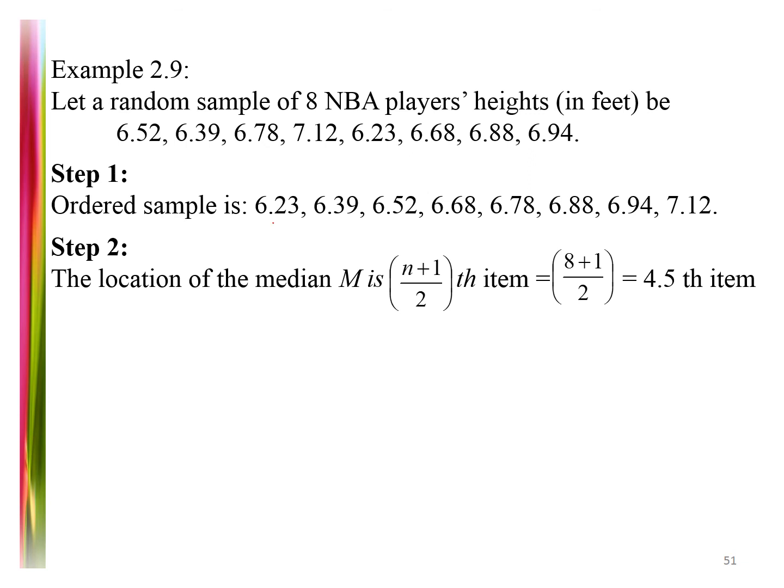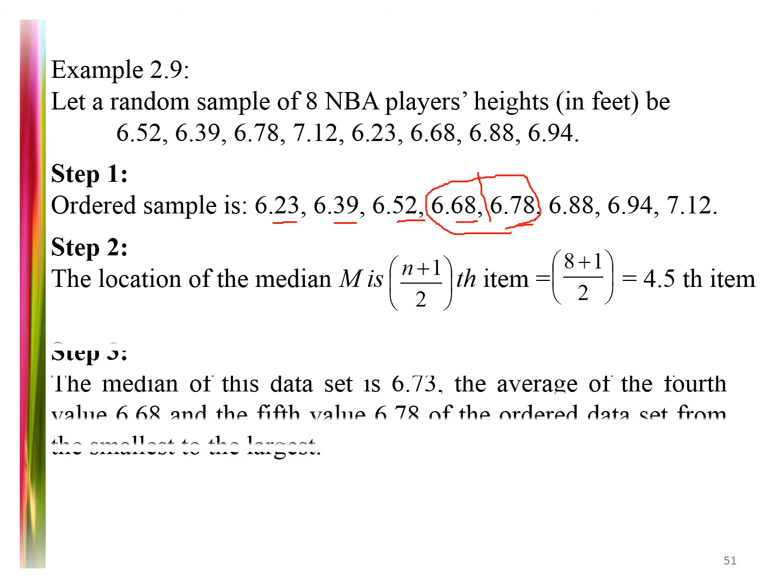So 4.5 lies between the fourth item and the fifth item, which means you have to calculate the average of these two numbers. So 6.68 plus 6.78 divided by 2 is equal to 6.73. So the median is 6.73.